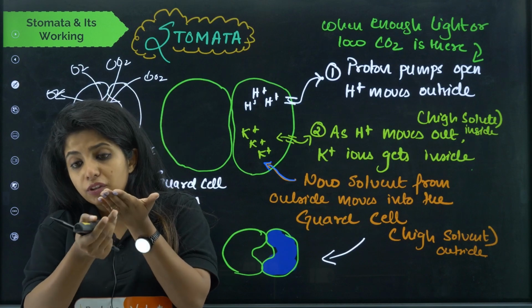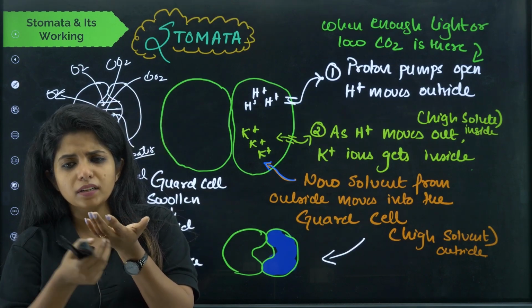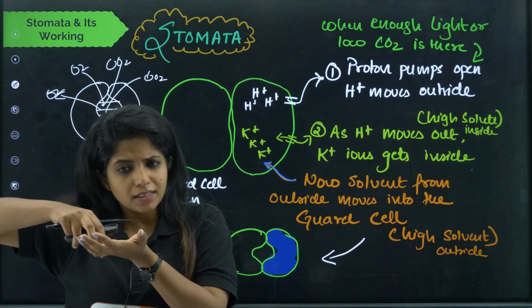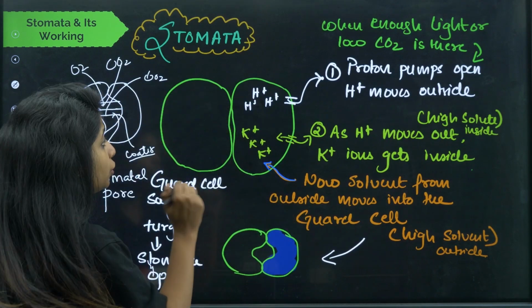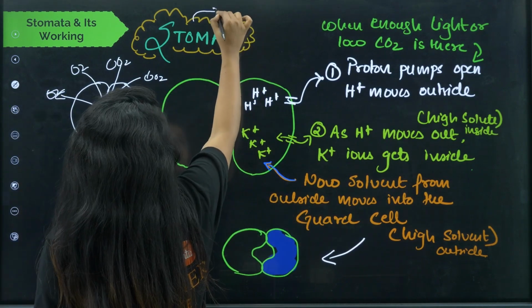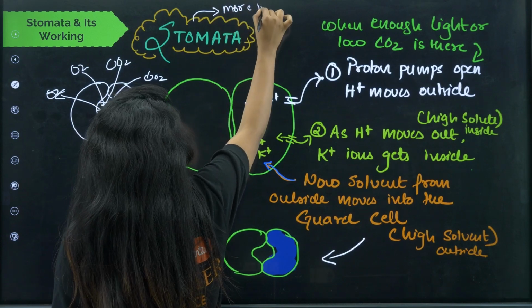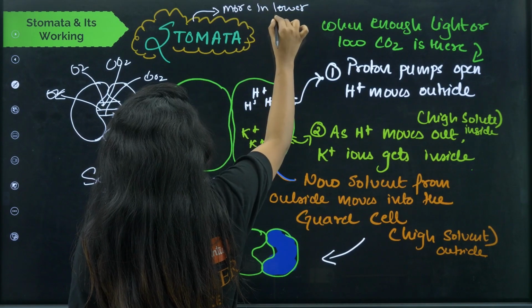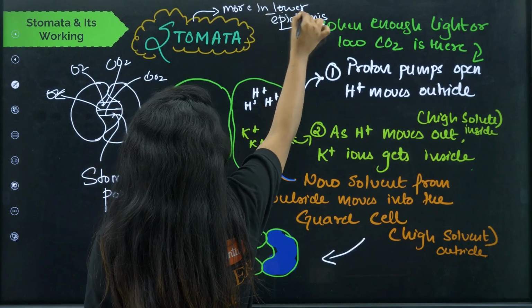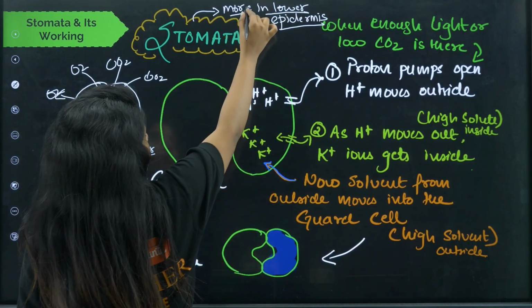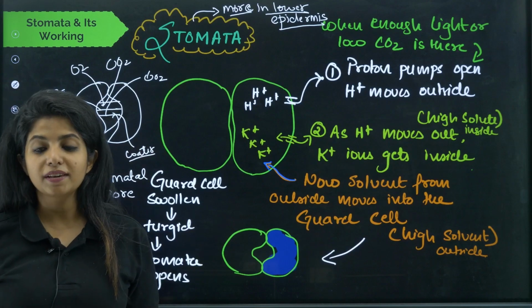But if they are more on the lower side, they are not in direct contact with the sun's energy, right? So it won't lose as much water, which is why I want you to remember: more in the lower epidermis.